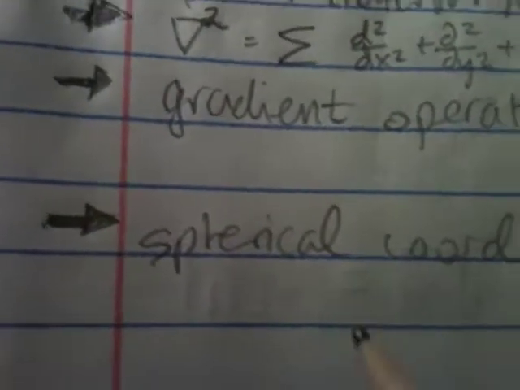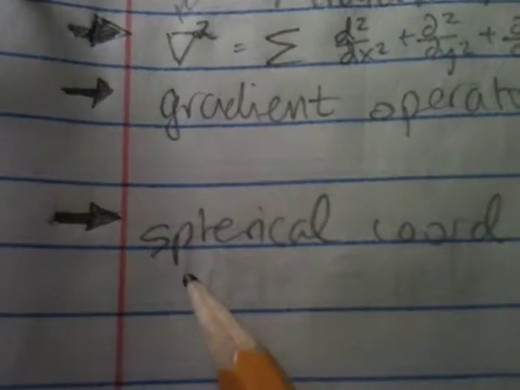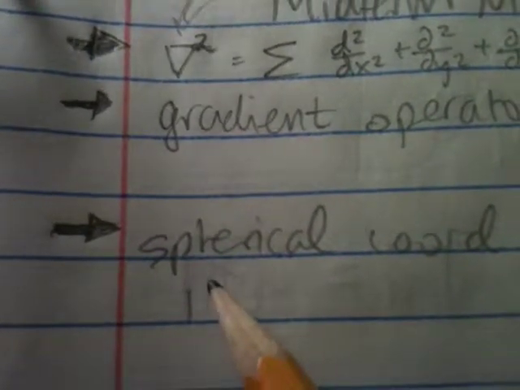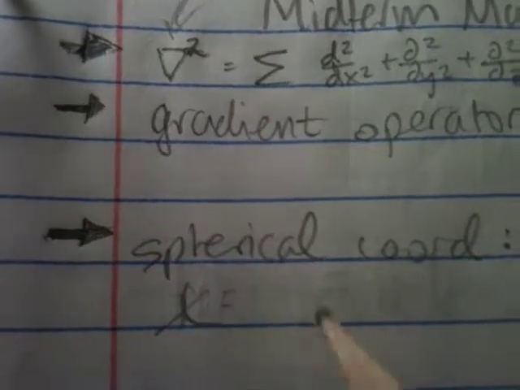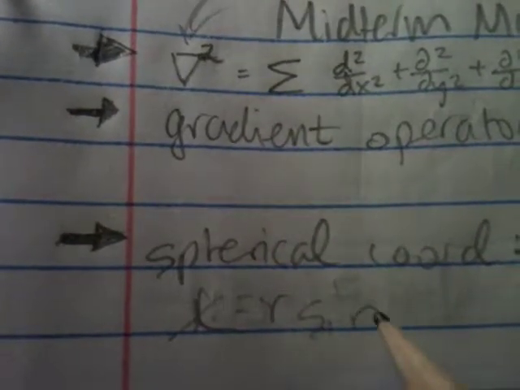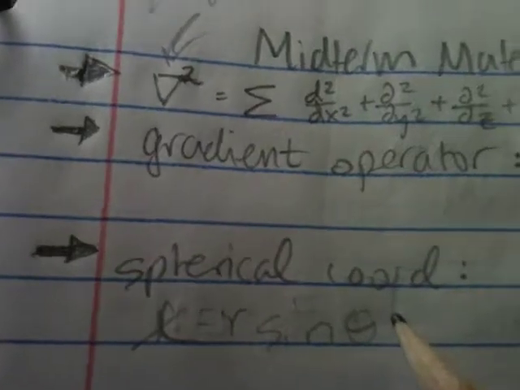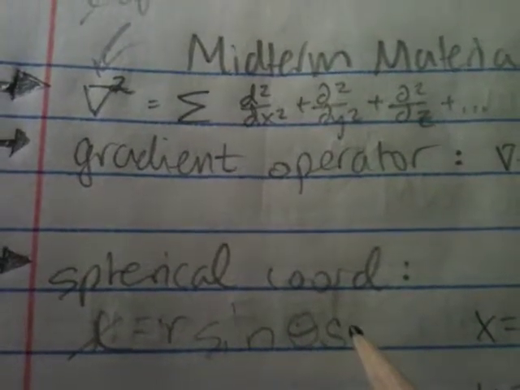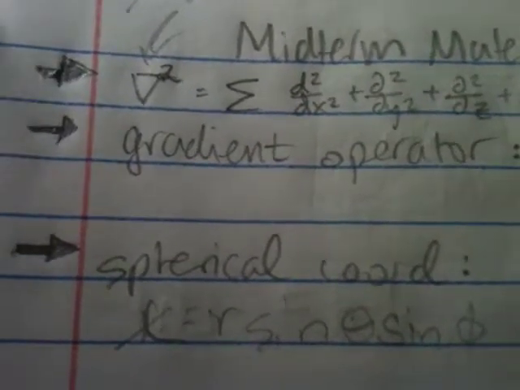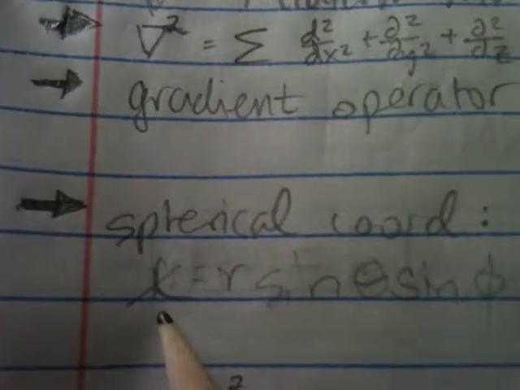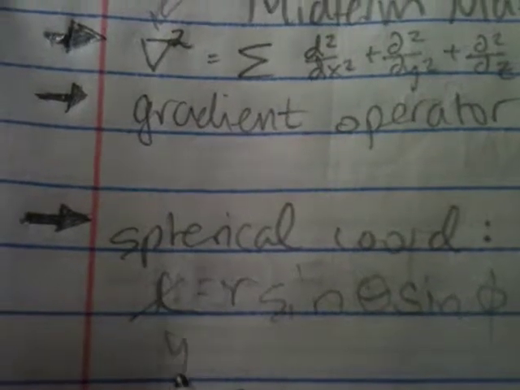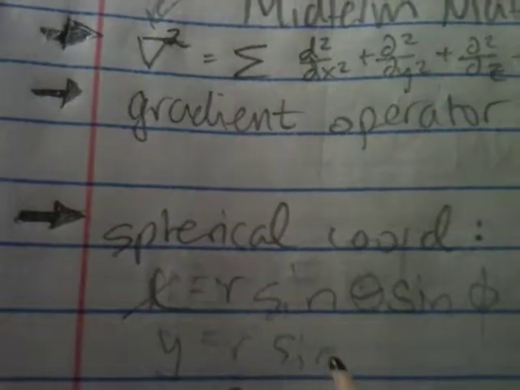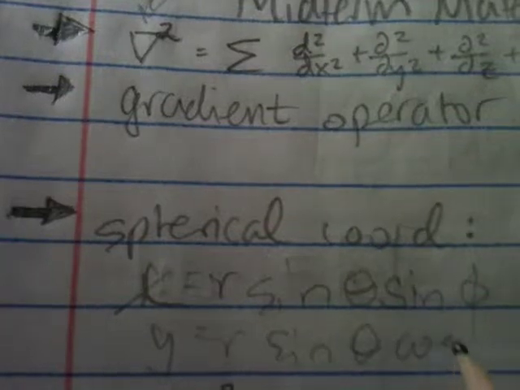Spherical coordinates. Everybody remember those? Let's see if I can remember them without looking. X can be rewritten as r sine theta, another sine, phi. Y is going to be r sine theta cosine. And oh, I'm running out of room.